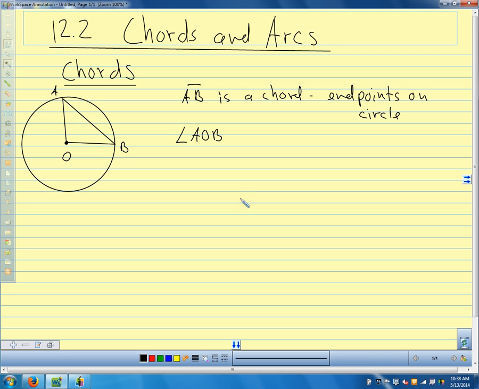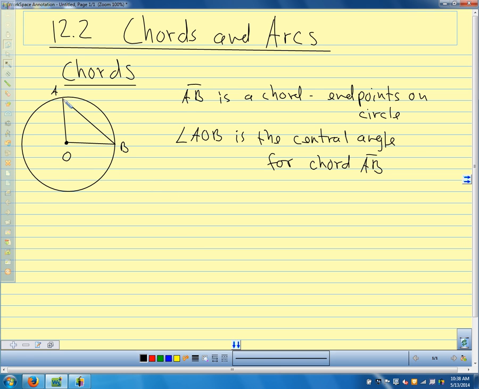Central, the vertex at the center, central angle. So angle AOB is the central angle for chord AB. So we can draw a central angle to the endpoints, and we're going to associate that angle with the chord.